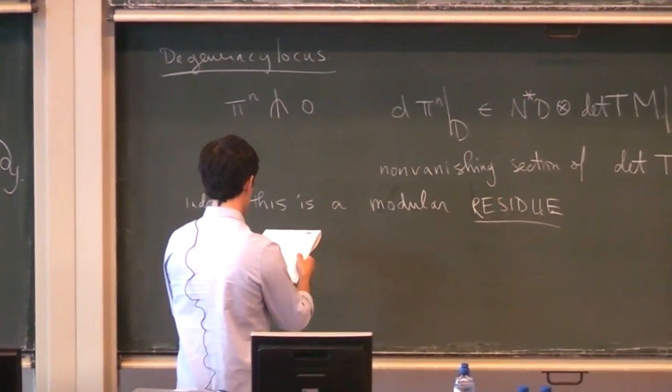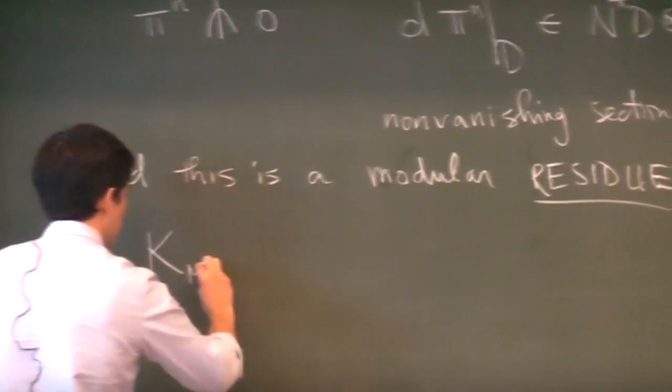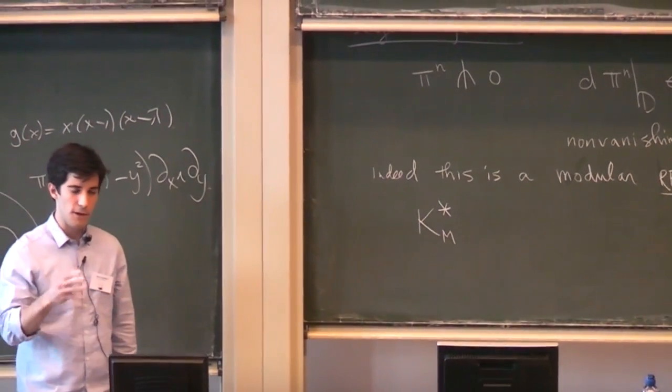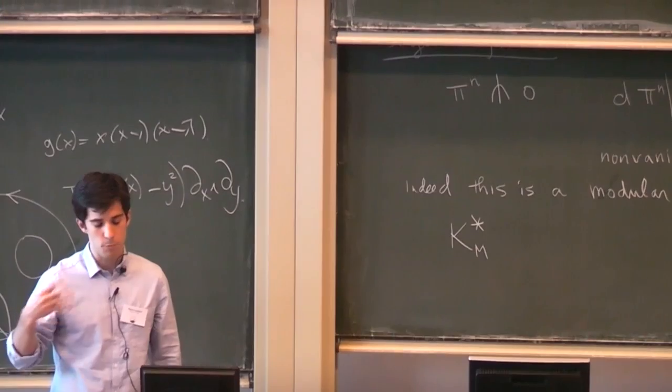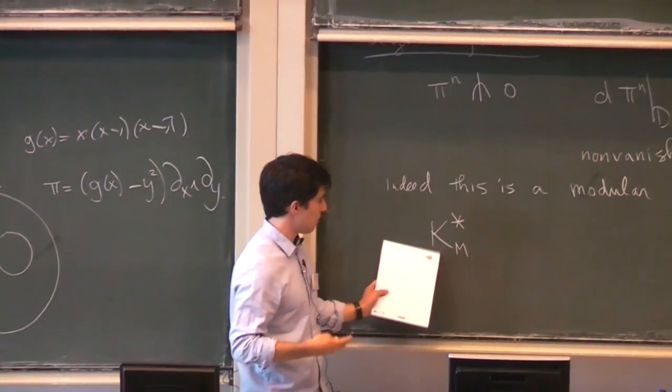Instead of going into great detail, I'll just say this, for those people who are familiar with it: the canonical bundle of the manifold M, we know that if we have a Poisson manifold, the canonical bundle is always a Poisson module. So the anti-canonical bundle of M is still a Poisson module.